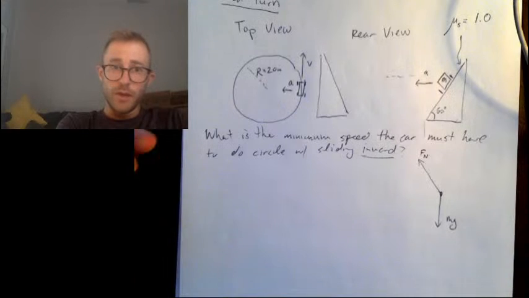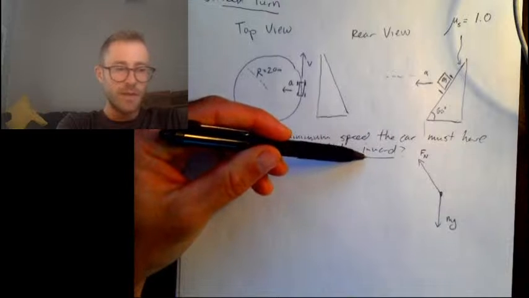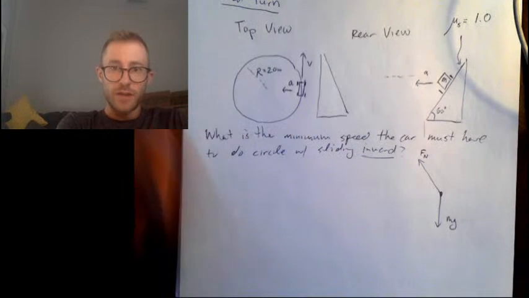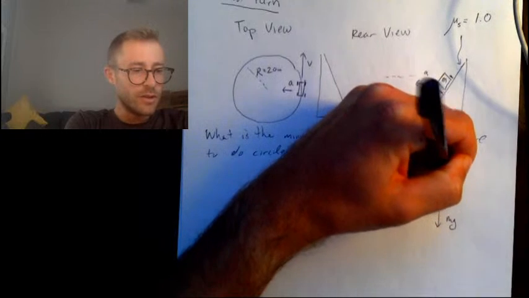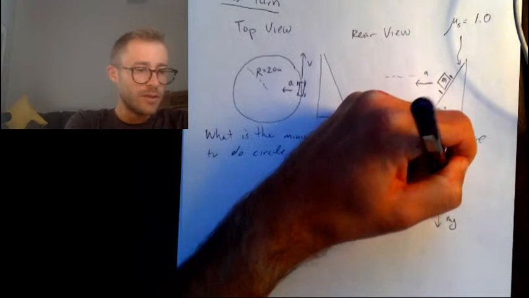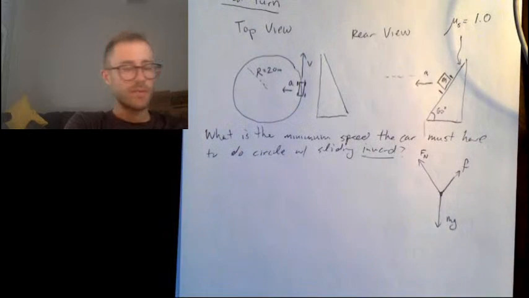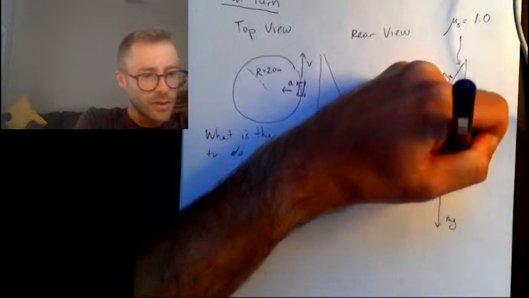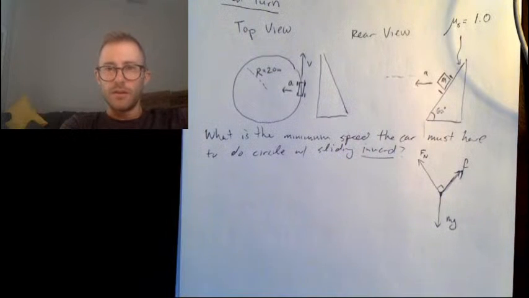And then we have friction. Now, if the car is about to slide inward, then friction has to point outward, tangent to the incline, but outward. So friction is going in this direction. This should be a right angle here. Does everyone understand that?